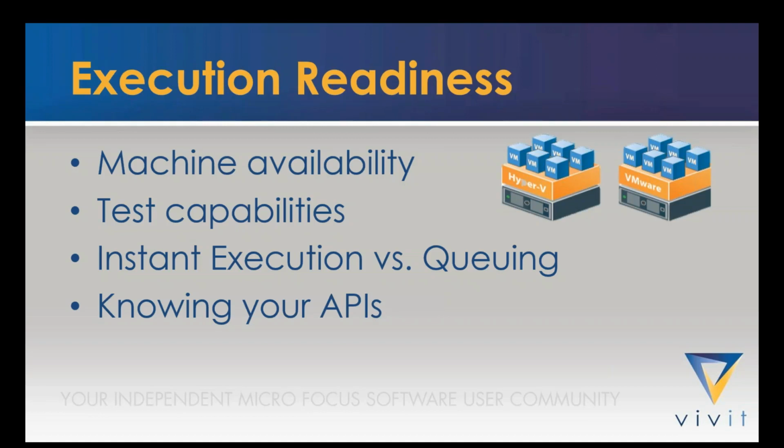Understanding your APIs, understanding how to remotely connect and interface with your tools, whether it's batch scripts, REST APIs, or other things, it is important. Think of it like this. I'm on a computer. Can I kick off my test with a command of some sort or a trigger? If so, you're that much closer to being ready. Next.